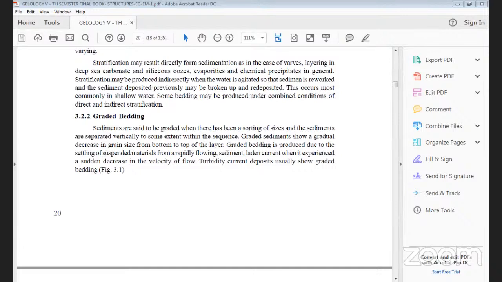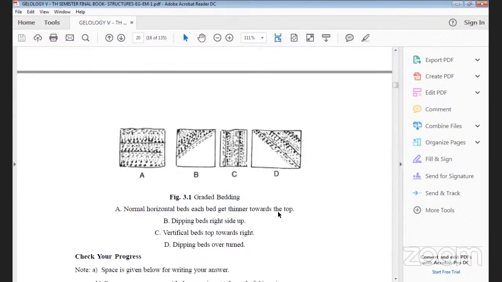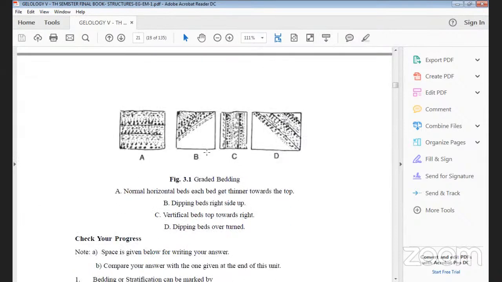It is produced due to the settling of material formed very rapidly in a sediment-laden current when it experiences a sudden decrease in the velocity of flow. Turbidity also plays an important role here, and then normally it shows as graded bedding.